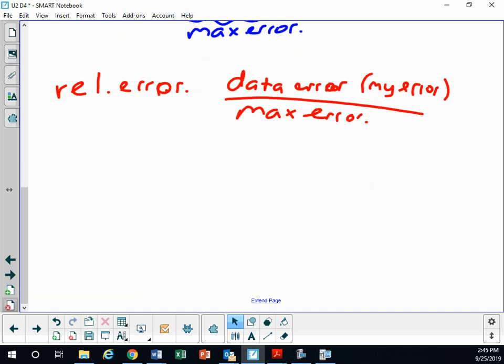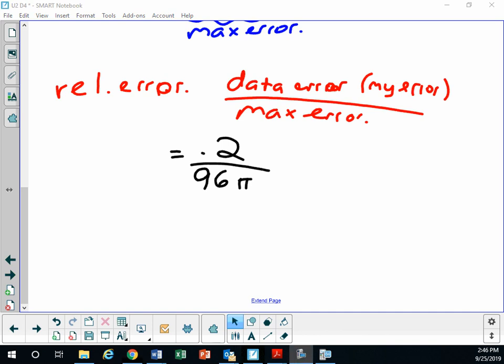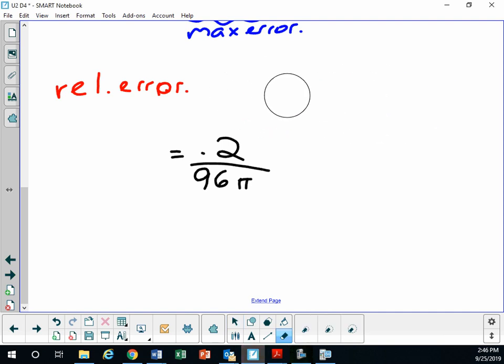So my data error is 0.2, over 96 pi. And so I could do this as a percentage, and that's my percentage error. Okay, sorry, I thought I said something wrong. I did. It is not the data. Let me fix this.